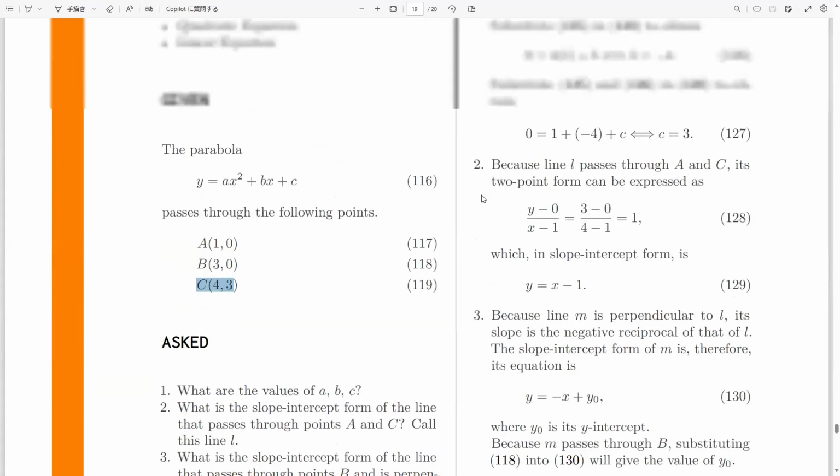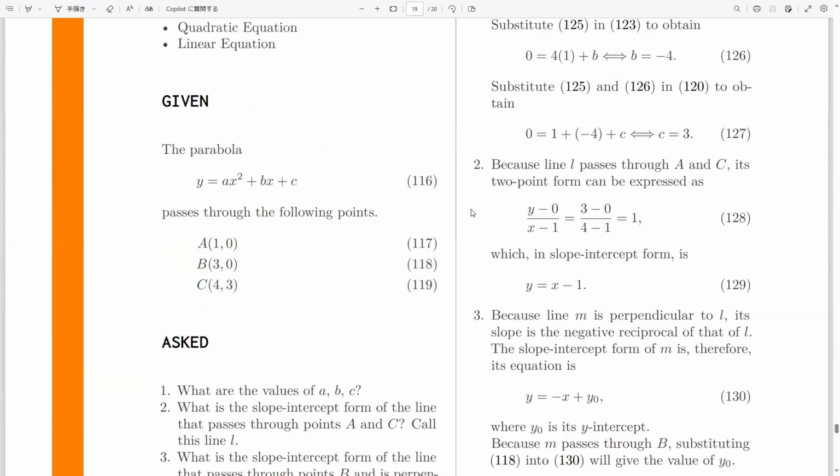So here I'm just going to choose A because the numbers are smaller. So here's going to be the y for A, that's 0. This is going to be the x for A, that's 1, okay? On the right side, you have to have 2 points. So first numbers should be from one of the points, and the second numbers should be from the other point.